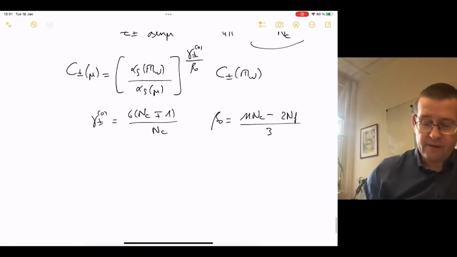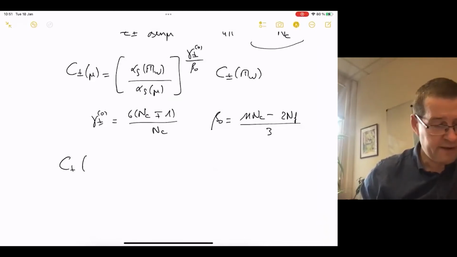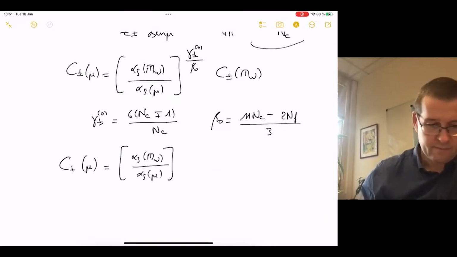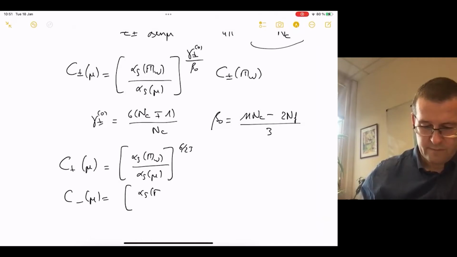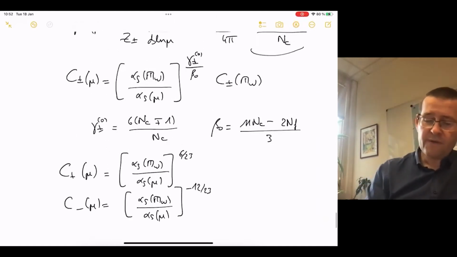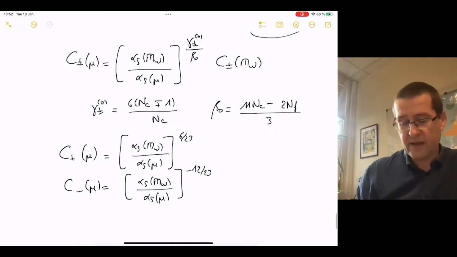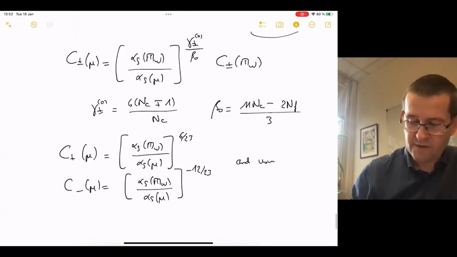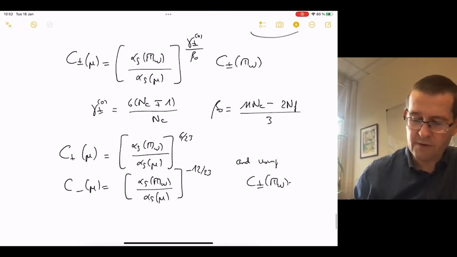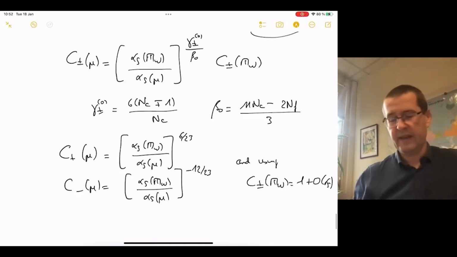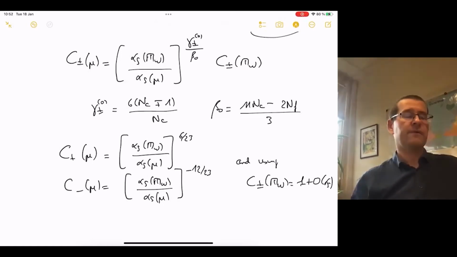And so, in practice, just to make it plain, this is just by putting the values of gamma plus minus 0 inside and using the fact that C plus minus at MW is 1 plus order alpha S. And that's exactly what we had before, remember.